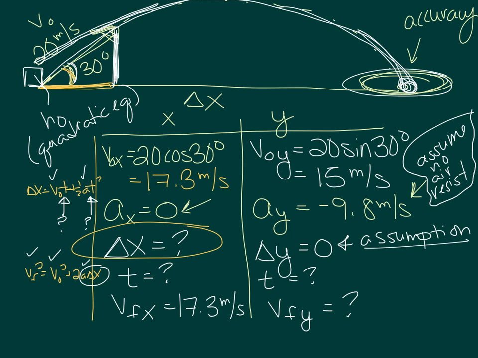Except acceleration is 0, so this part of the equation cancels out, and it just simplifies to v final squared equals v naught squared, which I already knew since 17.3 is my initial and my final velocity. So that isn't helpful to me. Instead, I'll have to use this equation here. So let's rewrite this equation on the next page nice and clean.